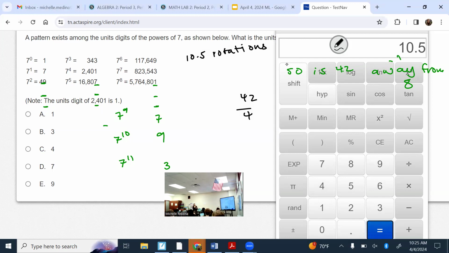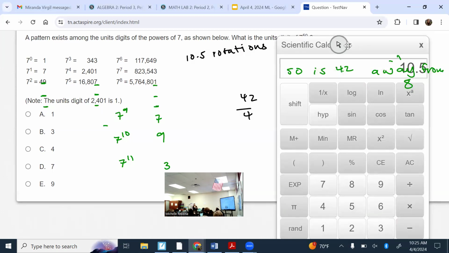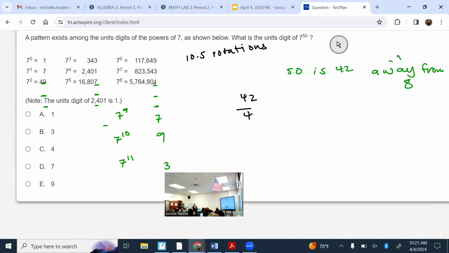So it's going through 10.5 rotations of the same 4 numbers. Okay, so from 7 to the power of 8, and I'm going to erase these. That would give me 7 to the power of 48 has the same units digit as that one.